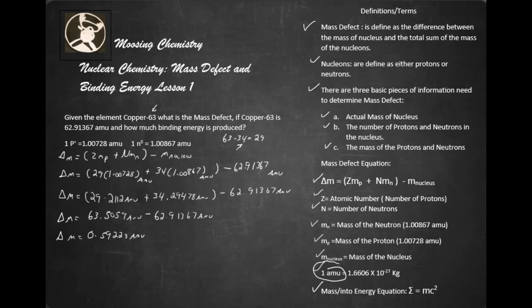So we're going to convert this: 0.59223 AMU times 1.6606 times 10 to the negative 27 kilograms over 1 AMU. The AMUs cancel out, and this is going to give us our new mass defect in kilograms.